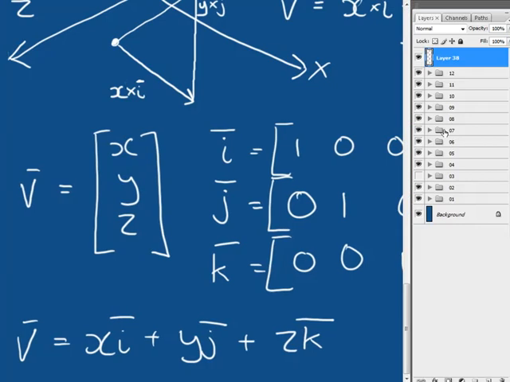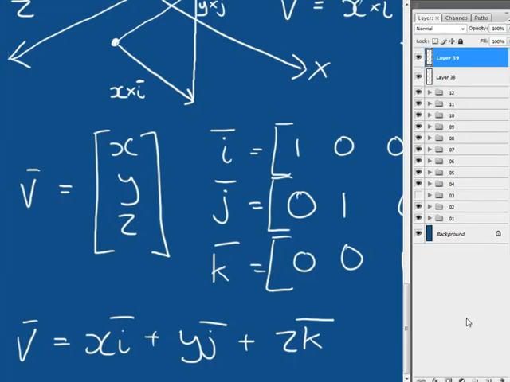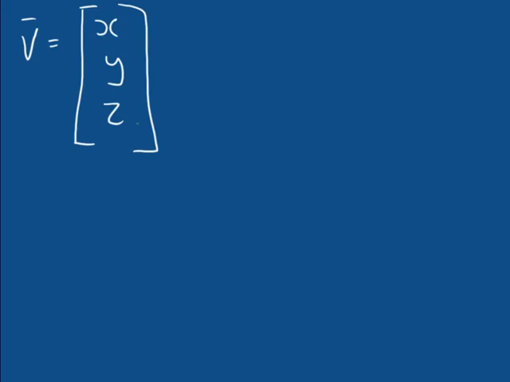If I bring up a new whiteboard and quickly rewrite that, if we have a vector v equal to x, y, and z, then v is equal to x times i plus y times j plus z times k.